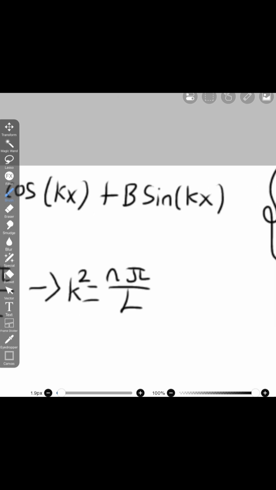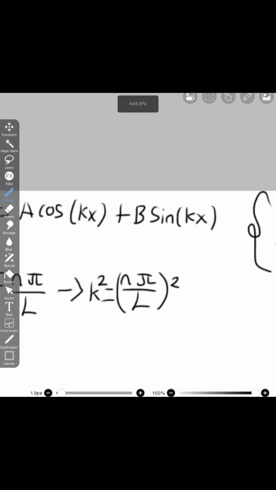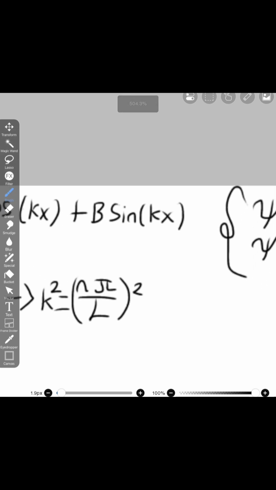So let's square both sides. But wait, we did also mention that k squared is equal to 2m times the energy all over the reduced Planck's constant squared.